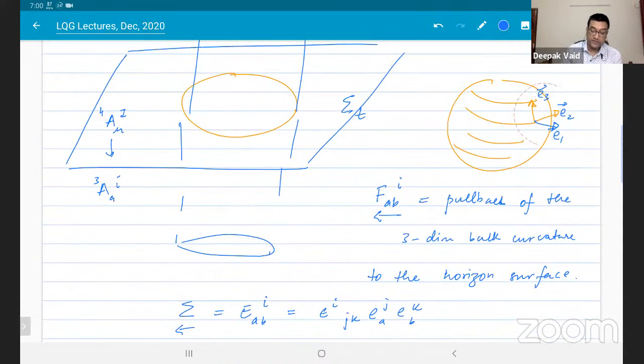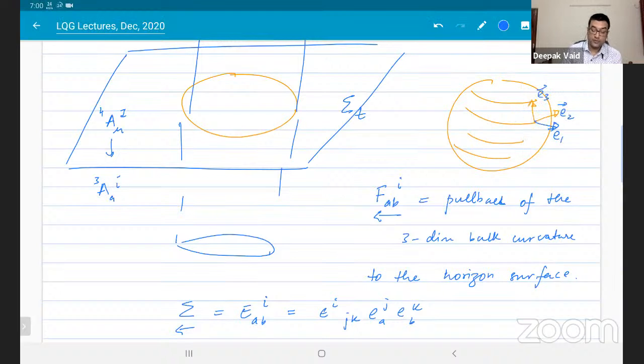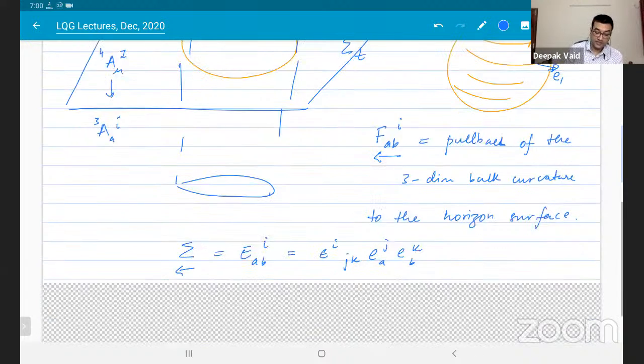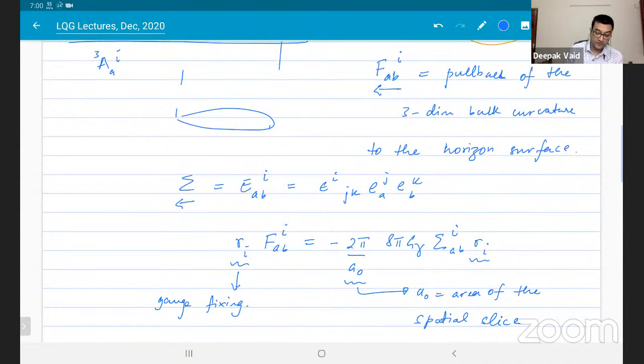So if I make the choice of a triad of this form at each point on the surface, then what I'm doing is I'm fixing the gauge, right? And the way I fix it is by making a choice of a vector field on the horizon.